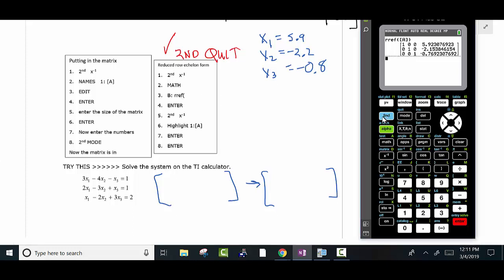Just follow the steps that I have. You should just have to type over the matrix we did on the previous problem. Make sure you get your negatives and everything in there right.